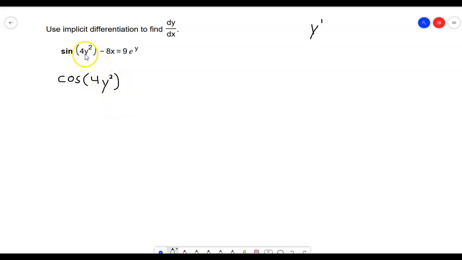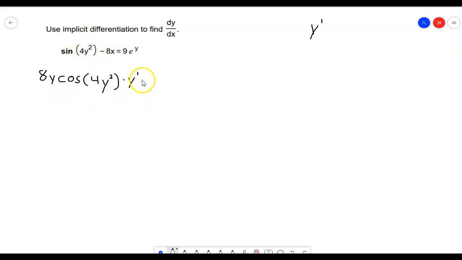The derivative of 4y squared would be 8y. I'll put that out front here. And then, because I just took the derivative of a y, I'm going to add a y prime there, only when I take the derivative of a y.